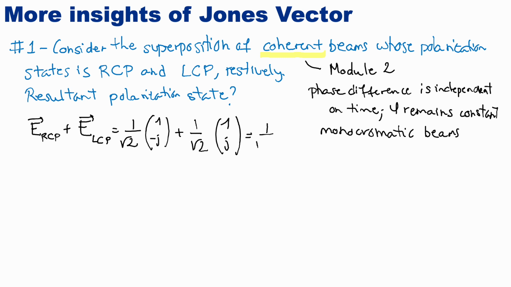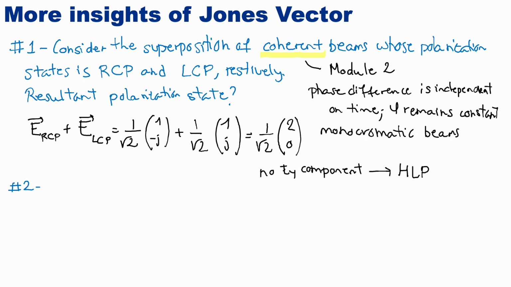When we sum them, we're going to have 2, 0. So we see here that we don't have y component, and that means that we're going to have a horizontal linear polarized light.